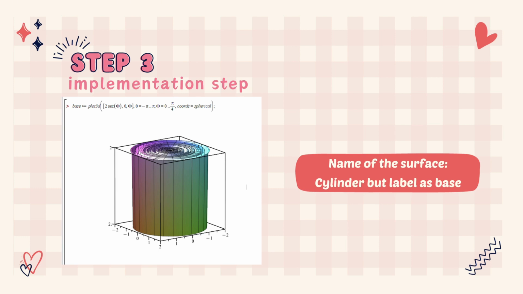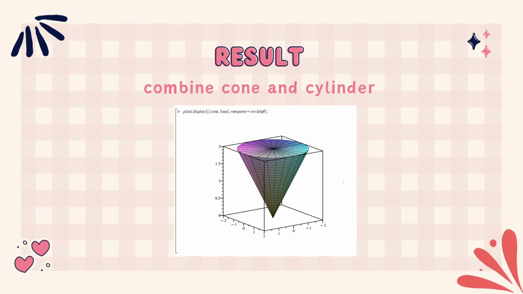That is the result that I got. The name of the surface is cylinder, but I labeled it as base. To get the result, I insert plots display, open bracket, cone and base, viewpoint equals circle left, close bracket, and the output outcome is the combination of cone and cylinder.